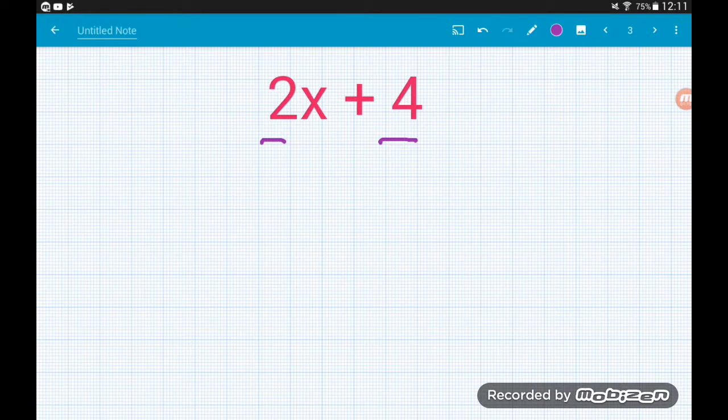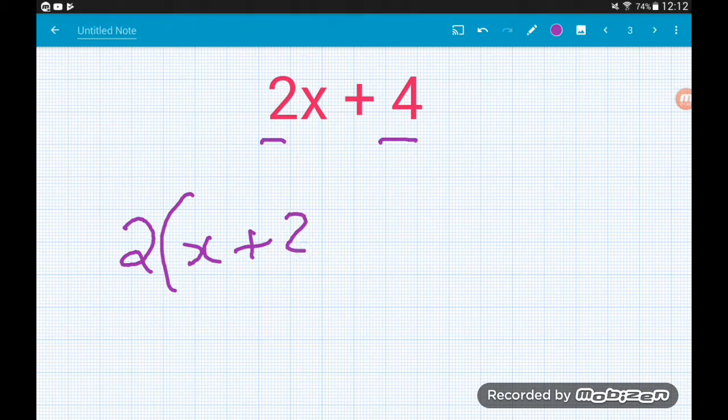So once we've found our common factor, we plonk him on the outside of a set of brackets. Now inside the brackets, we divide our original expression by the number on the outside. So here 2x divided by 2 is 1x. Then we've got the plus in the middle. Then 4 divided by 2 is going to give us 2.